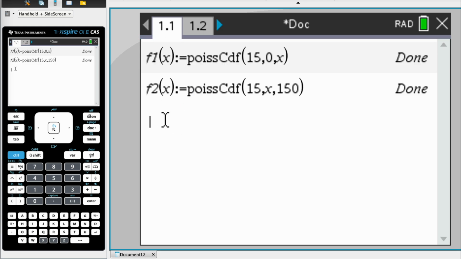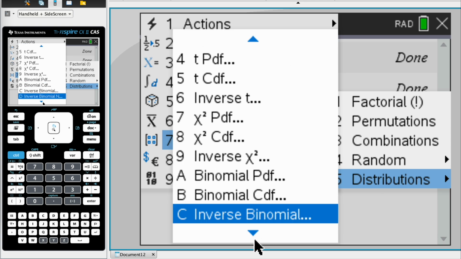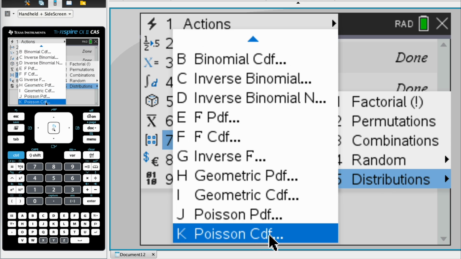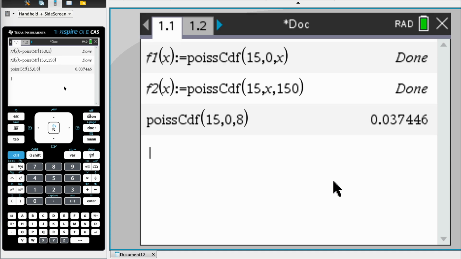I'm now going to calculate those probabilities. So we'll do menu, probability or stats, distributions, Poisson CDF, and the lambda, the null hypothesis, is 15. Let's find the probability first of the lower tail. And so this is 8 or fewer bees.